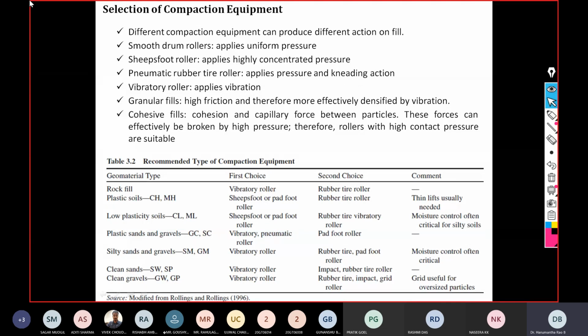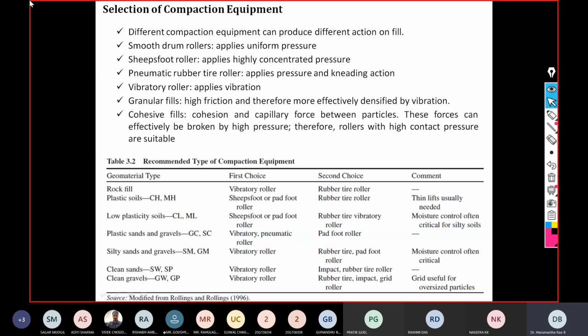Then plastic soil, for example, highly compressible clay, the first choice is the pad foot roller, and the second choice would be a rubber tire roller. So the comment is, when you are dealing with plastic soils, it is always advisable to go for small lift thicknesses.